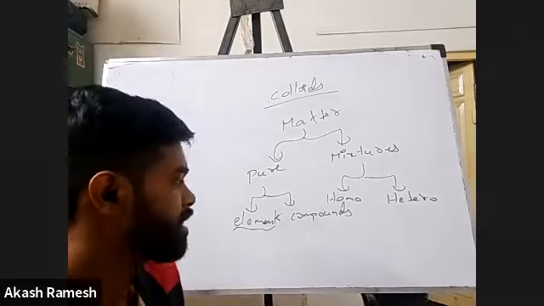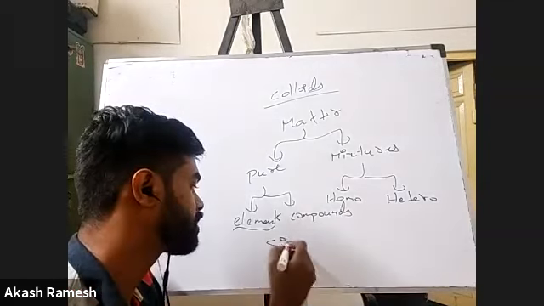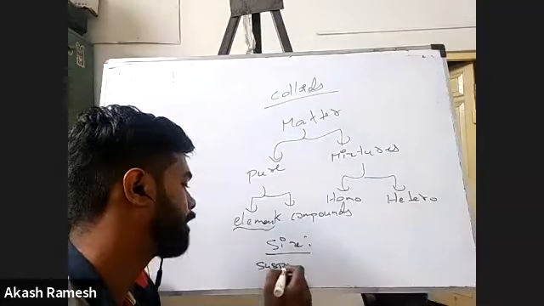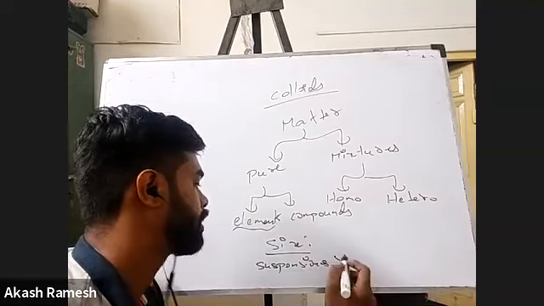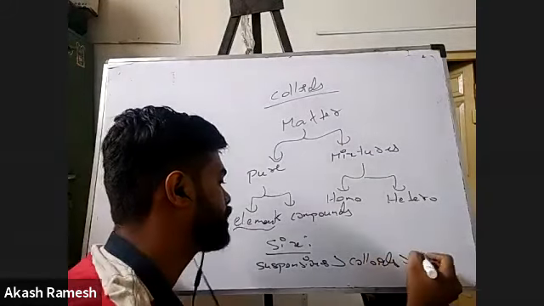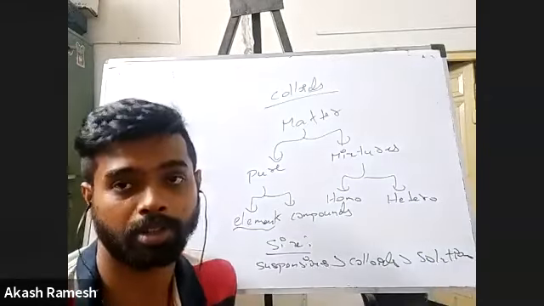What you have to understand is the particle size. If I compare the sizes, suspensions are going to have very huge particle size, then come your colloids, and the least are going to be true solutions, that is your homogeneous mixtures.